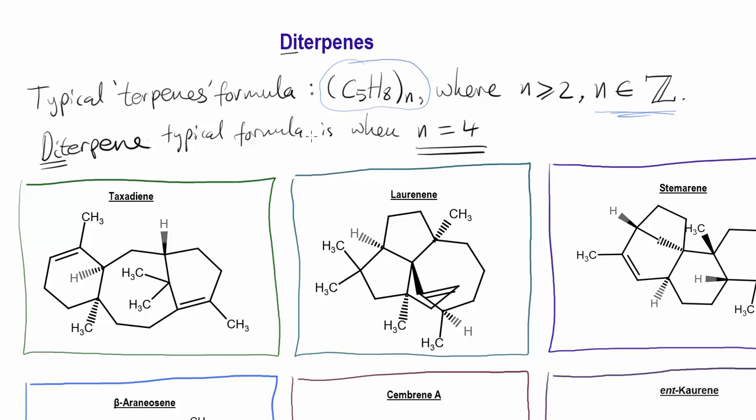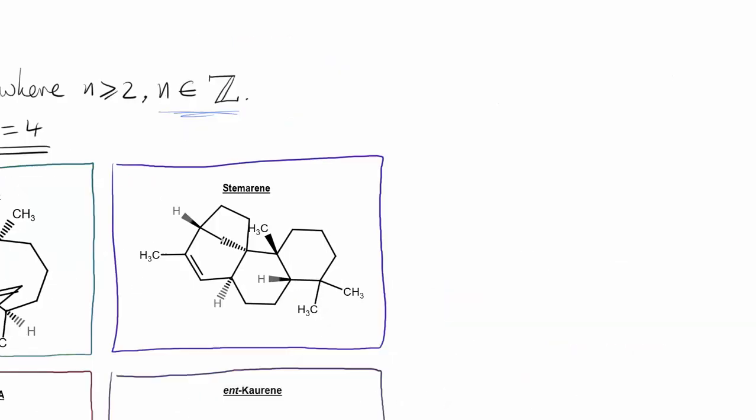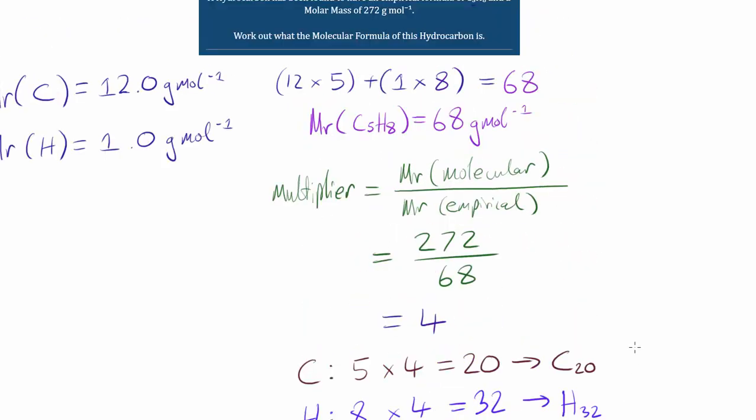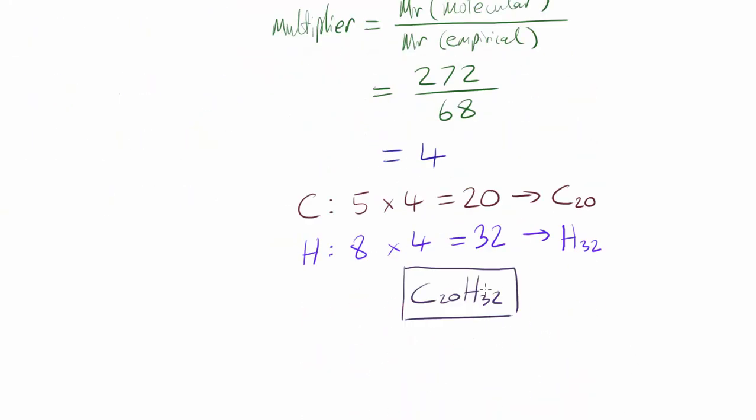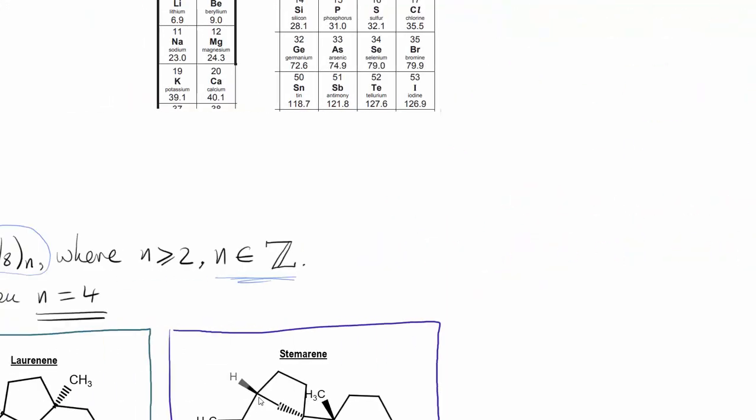In our question where we looked at the molecular and the empirical formula, we did see that the empirical formula was C₅H₈. If we briefly go back to that, you can see the empirical formula was C₅H₈, and then we multiplied it by 4.